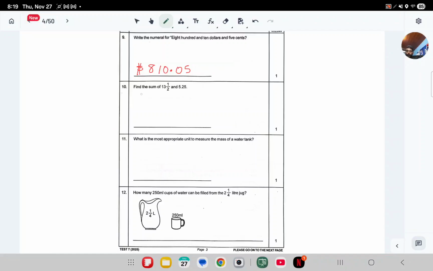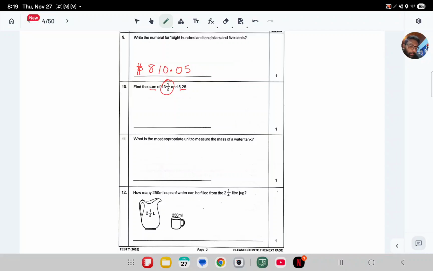Number 10, find the sum of 13 and 1/2 and 5.25. Looking at this here now, they said find the sum. We know to add. We have a mixed number here and then we have decimals here.